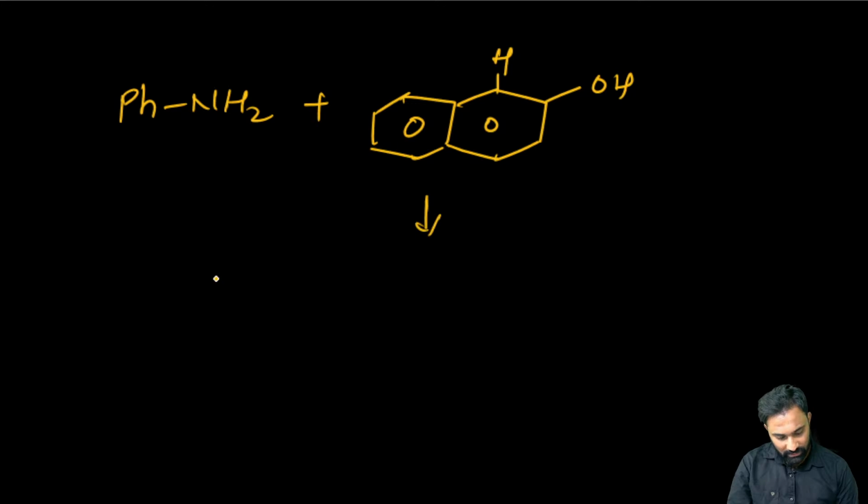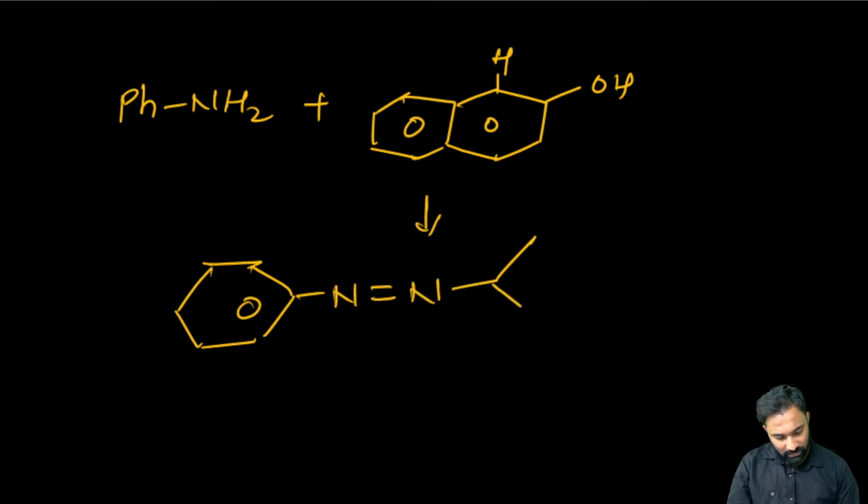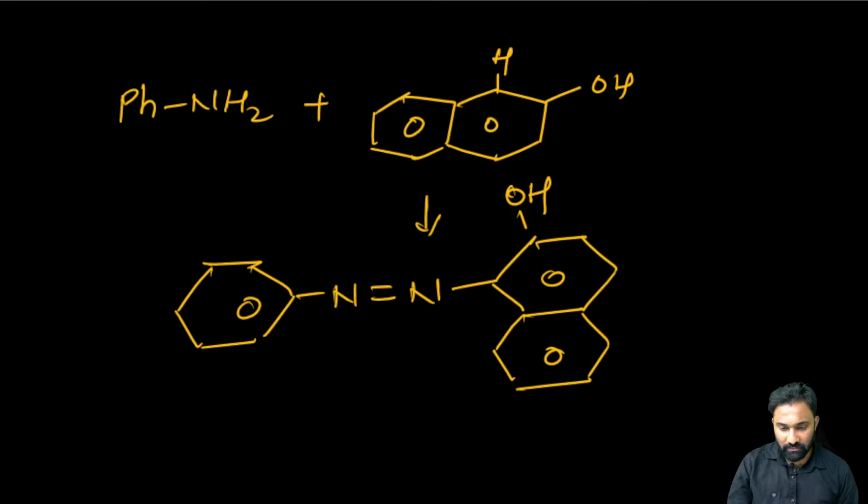Now the product you will get in this manner. This is 1-phenylazo-2-naphthol. This is orange color dye. 1-phenylazo-2-naphthol, orange color dye you will get.